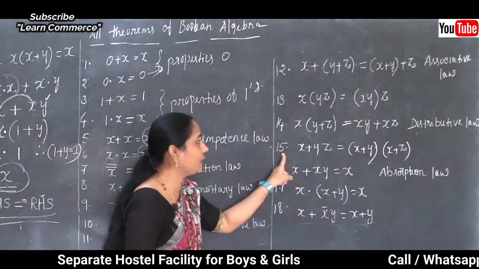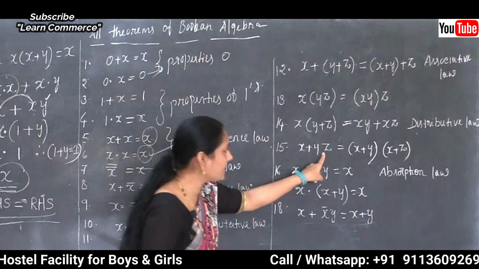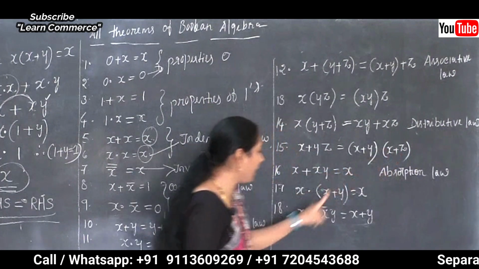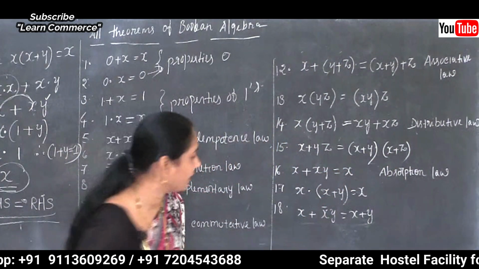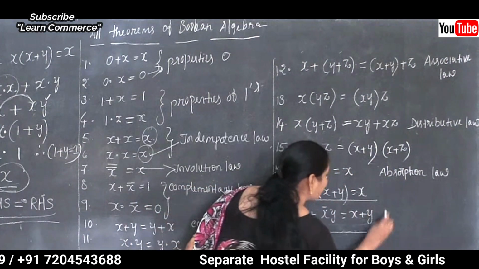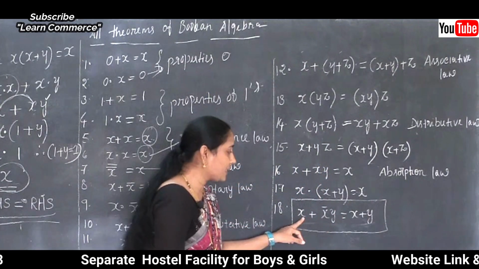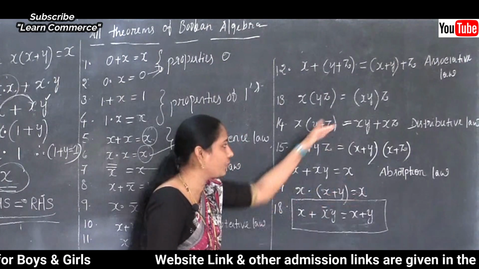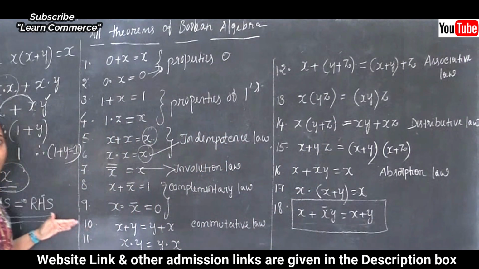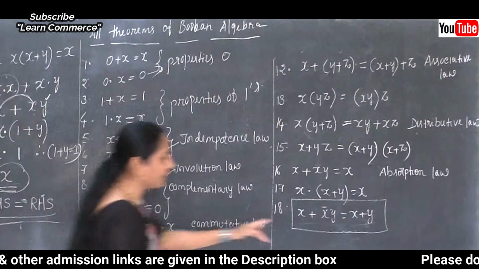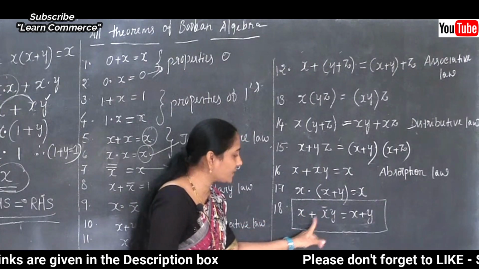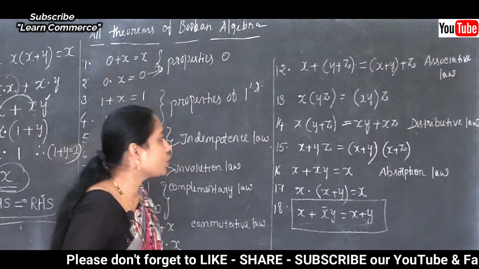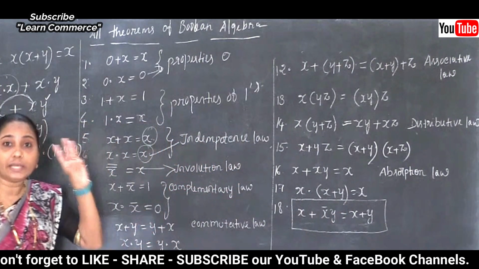The next law is x plus yz is equal to (x plus y) and (x plus z). The last law also comes under the distributive law. Clear this point here? The law is x plus complement of x and y is equal to x plus y. So in the distributive law, there are totally 3 laws.